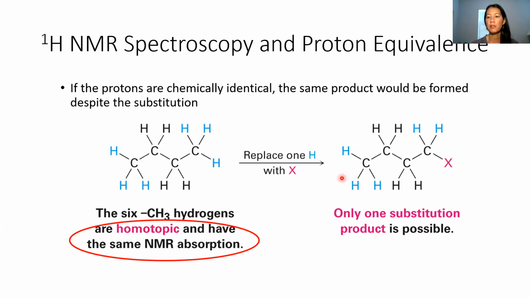Replacing any of these would still give me, for example, 1-chlorobutane. So only one substitution product is possible. That means they were equivalent, and they get a special name. They're homotopic. Those 6 H's are homotopic, homo for same, and they have the same NMR absorption.